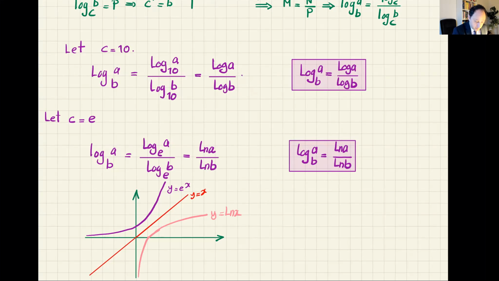The two graphs would be mirror images of one another with respect to this line. If you consider this as a mirror, then these are mirror images of one another. So let me put this point is 1, and this point is also 1 here.